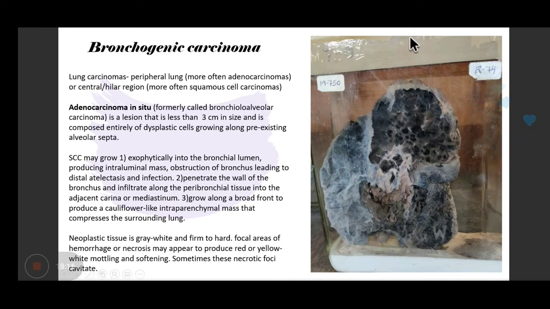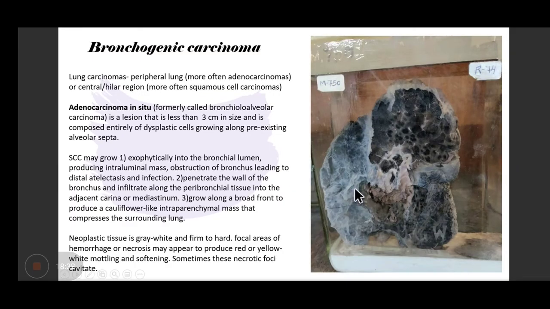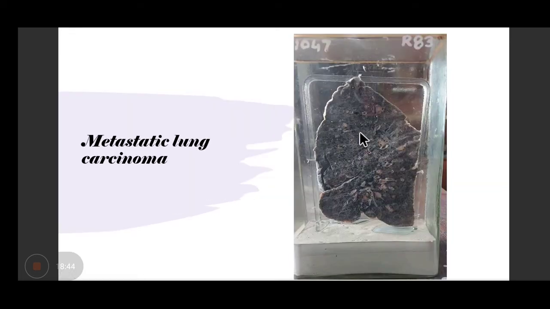Then the next question which is asked: is it a bronchogenic lung carcinoma or a metastatic lung carcinoma? So how will you differentiate between a bronchogenic carcinoma and a metastatic carcinoma? If you notice carefully, in the previous specimen the parenchyma was involved and there was a single growth, whereas in this one there are multiple point-like lesions.